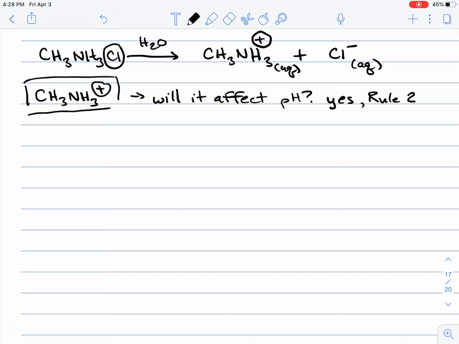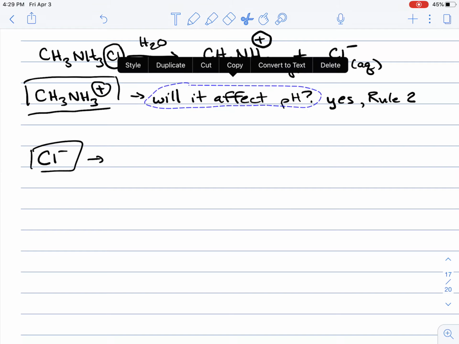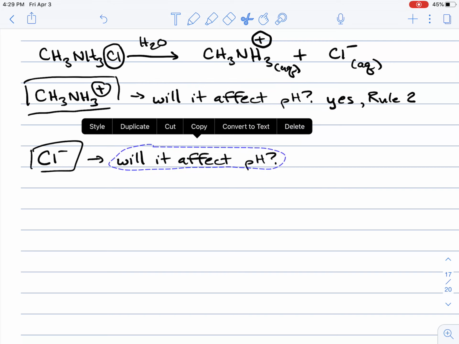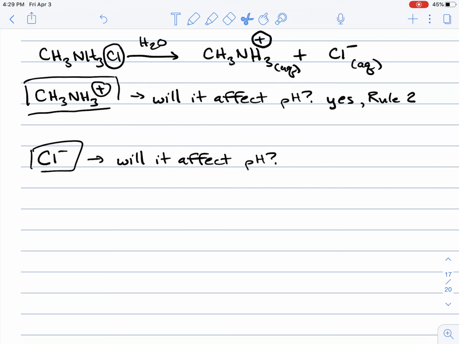All right, and so I'm going to jump to chloride for now. We'll talk about the prediction a little bit later on. Chloride is the next one on the chopping block, so to speak. I'm going to duplicate this question: will chloride affect the pH of the solution?